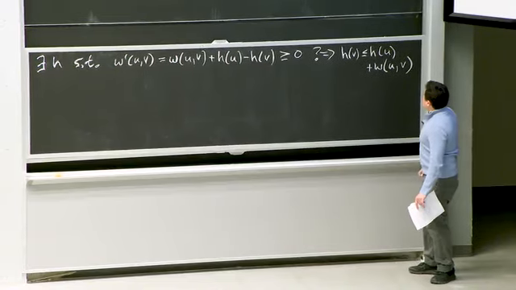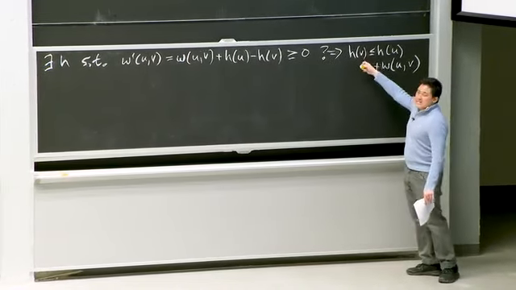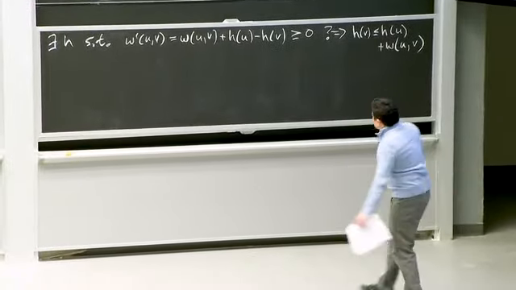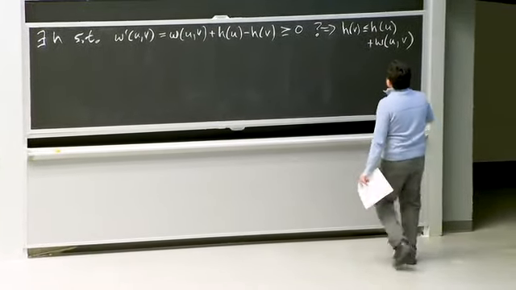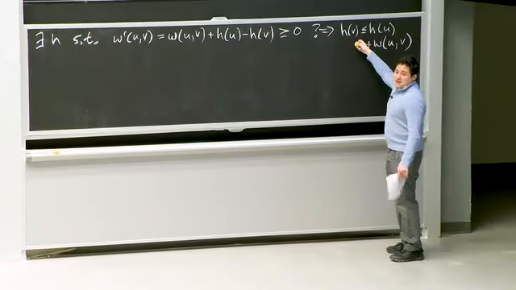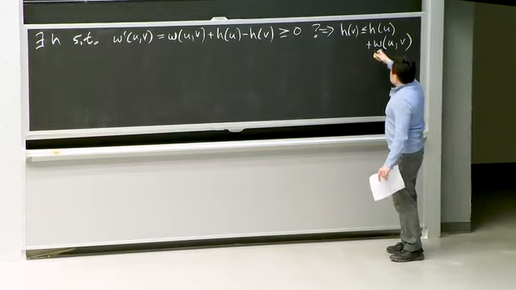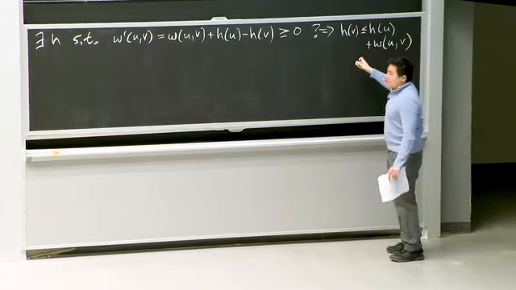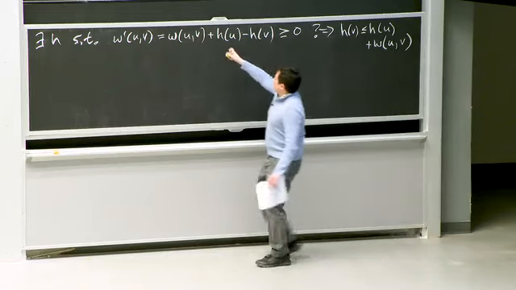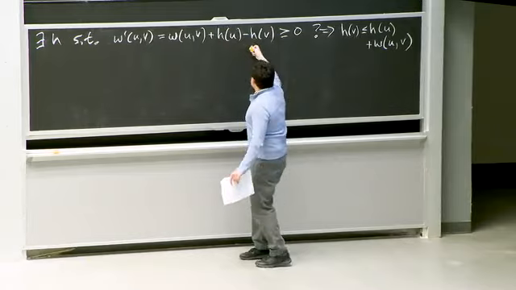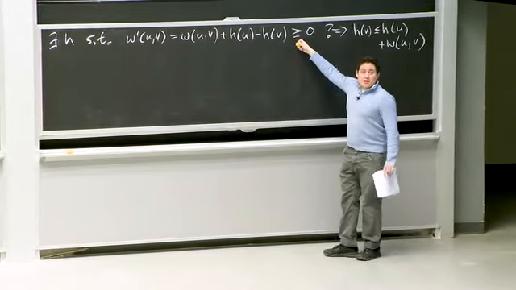So if we can set these h's to be the shortest path distance from some vertex, and those shortest path distances are finite and not minus infinity, then this will hold by triangle inequality, and in particular, if we were to re-weight the edges based on those values of h, then we'd get new edge weights that are non-negative.